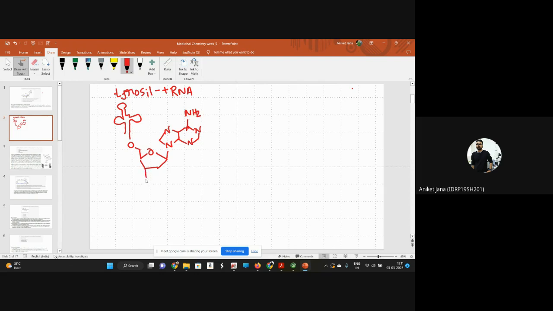From this position, an ester bond is involved. From here, this part is an amino acid. Can you name this amino acid? This one.